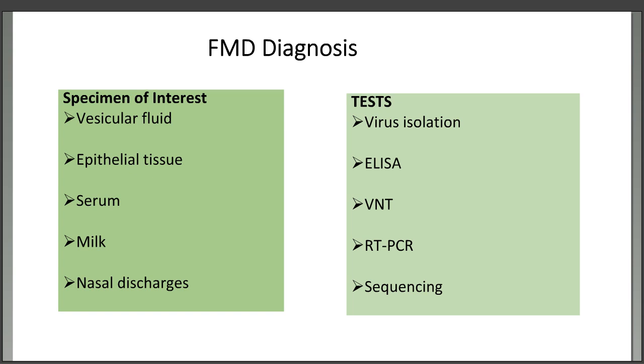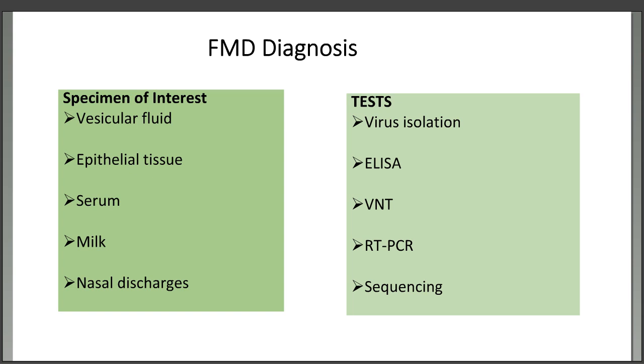Fortunately, when you use 3ABC, you can differentiate whether an animal is infected or has vaccine antibody. But I don't even know which country in the region is vaccinating against the disease. Where we cannot get serum, and in a milking cow, we normally take the milk or nasal discharges for RT-PCR. On my right, you see all the required tests to diagnose this disease.